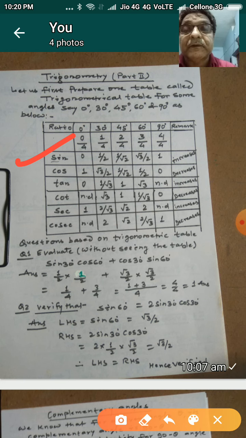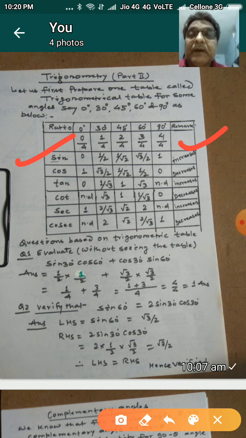Now, I just told you to write 0, 1, 2, 3 and 4 in these columns, one value each, and divide each value by 4. And now we will take the square root of these values.